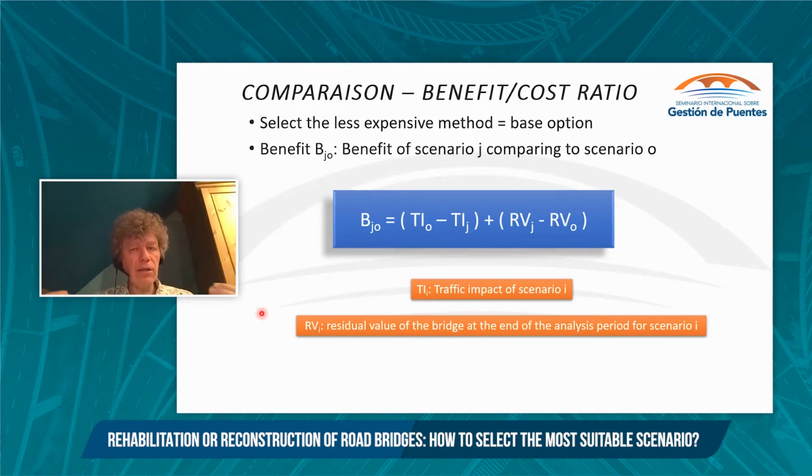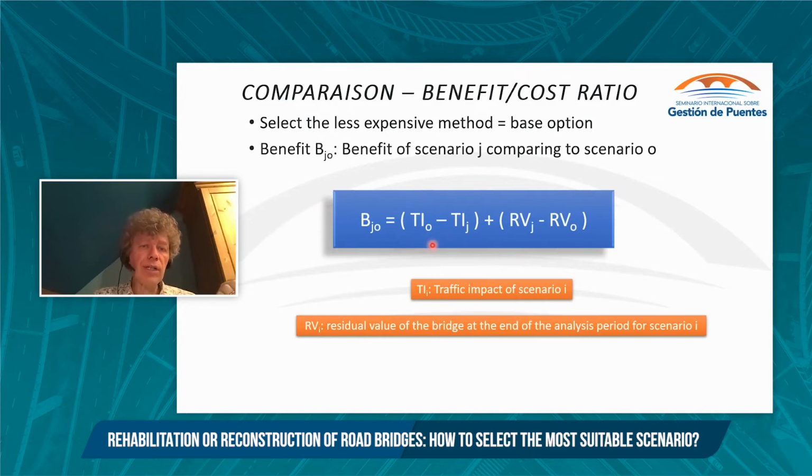And the base scenario that we will take into account is the scenario with the least expensive cost. So by this relation, I can express the benefit of one scenario compared to the base scenario, the scenario O. And you can see that this expression has two blocks.